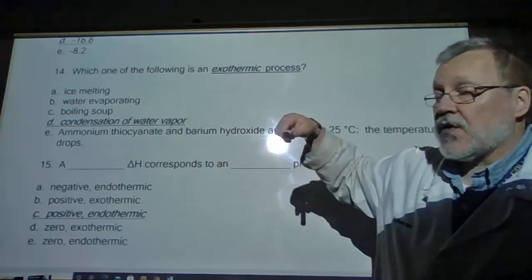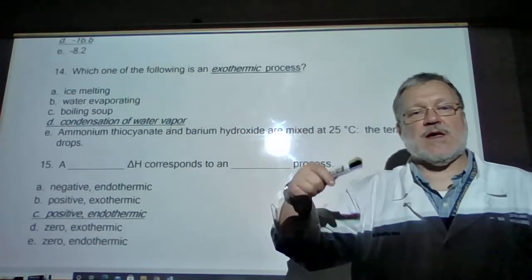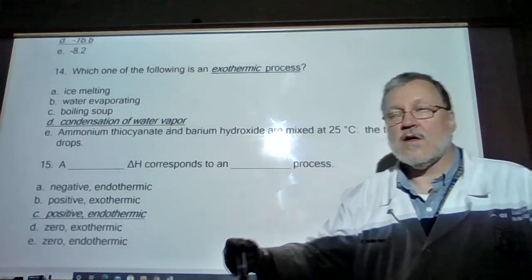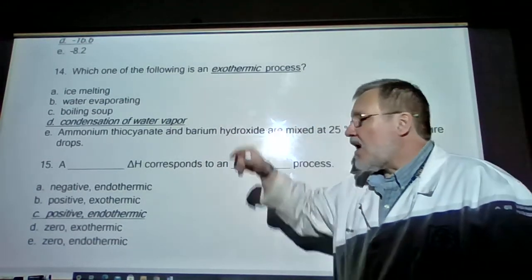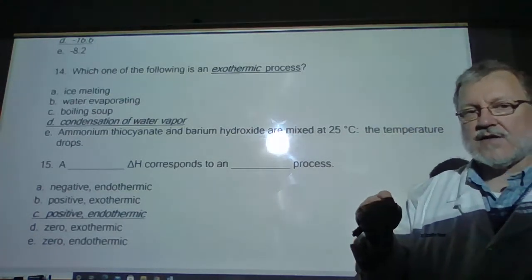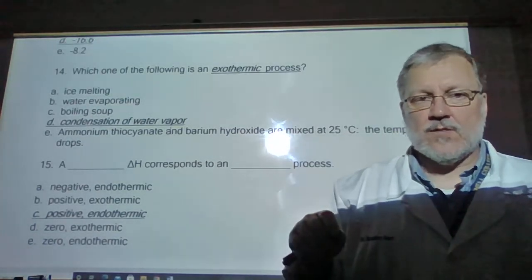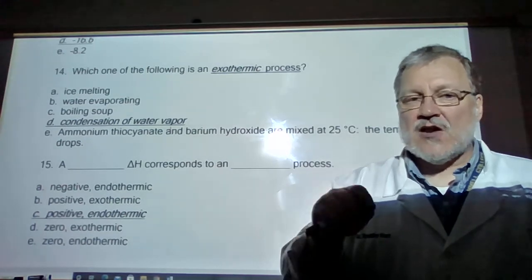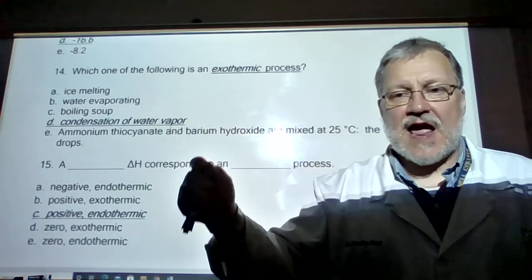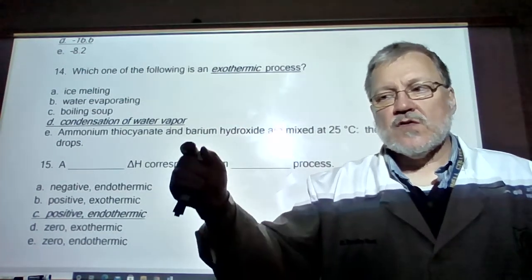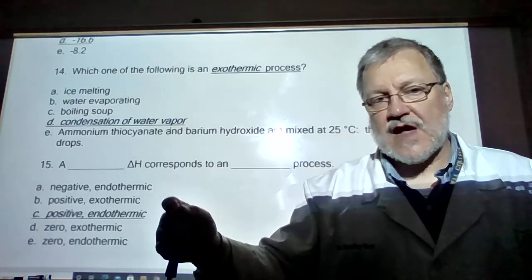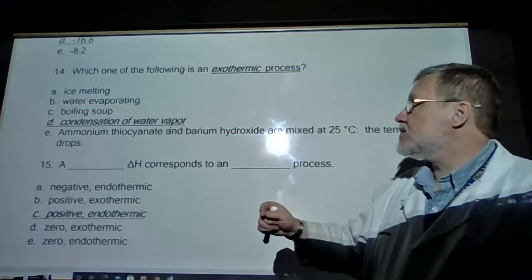An exothermic process is where energy is being given away. So if we look at these, ice is melting. We are changing ice from the solid form to the liquid form. That is an endothermic process. We have to add heat to get the water to change from the solid phase to the liquid phase.